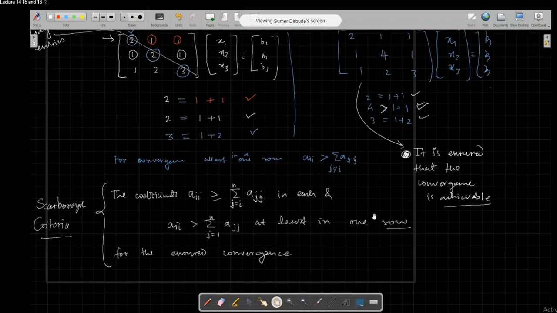Now, if we have these matrices, and suppose I want to increase the diagonal dominance of this term.